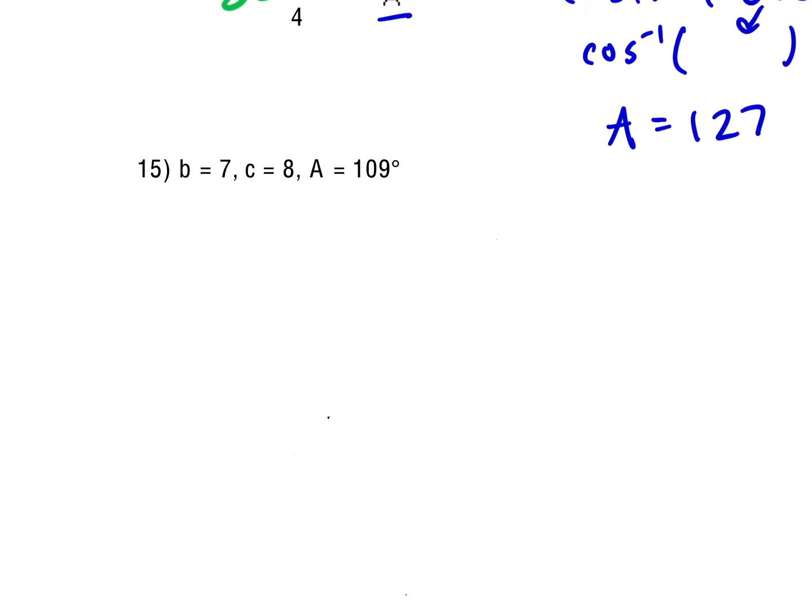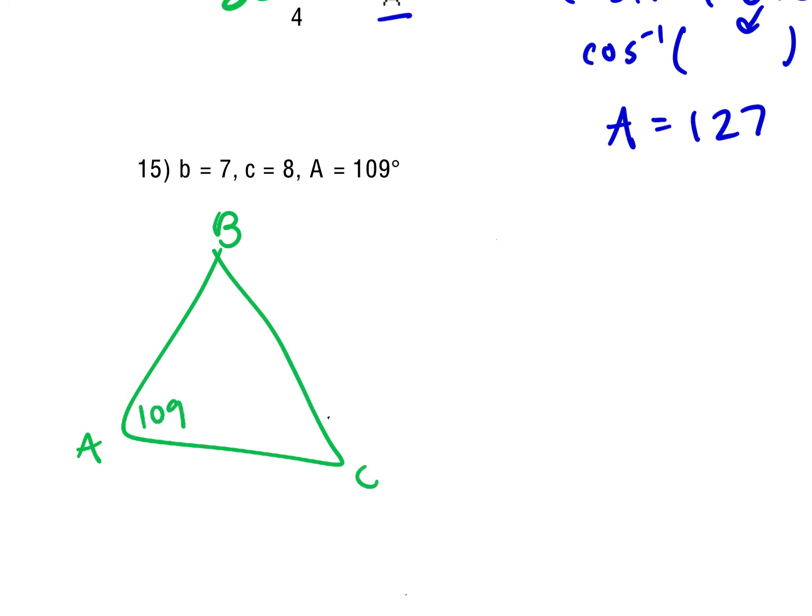So 15, I'm going to draw the triangle first. So I have A, B, C. Angle A is 109. Side B is 7 and side C is 8. What do I have to find first here?